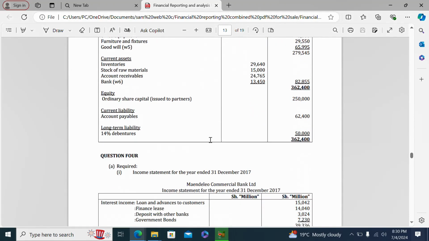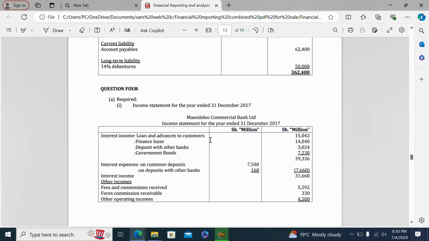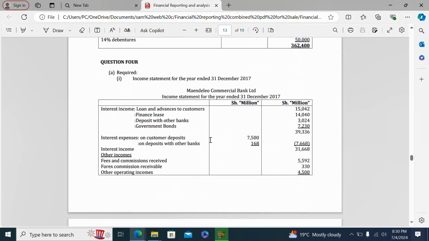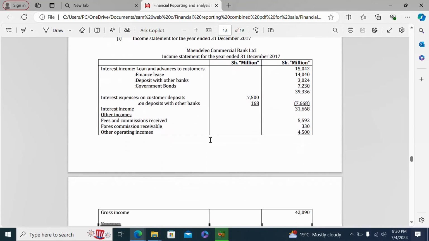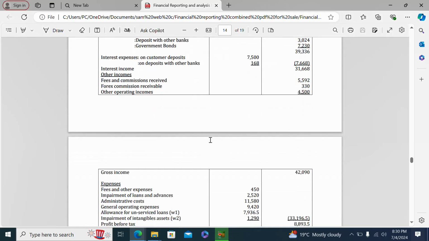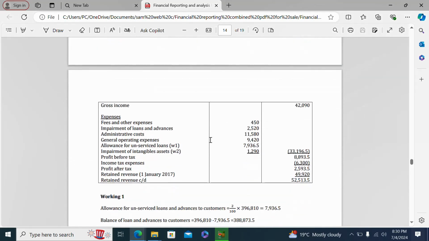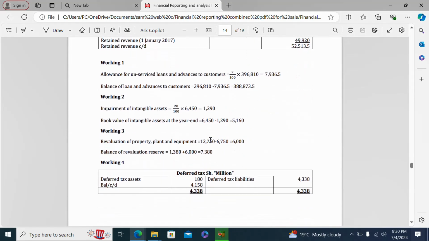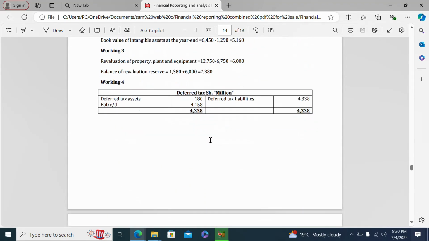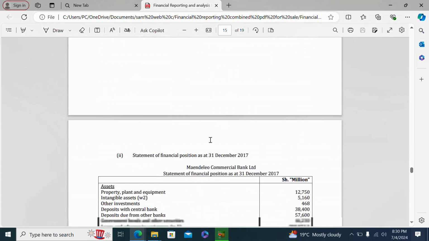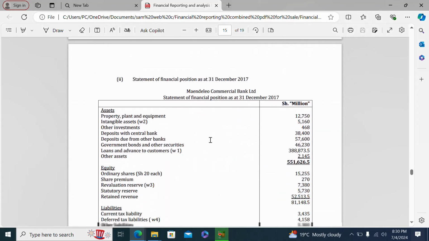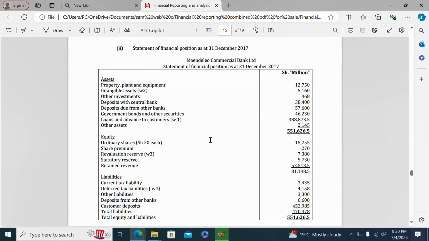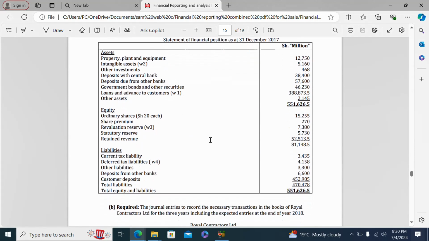Then we go to question 4. The income statement of Maendeleo Commercial Bank Limited. Then we have the workings for that income statement, and then we have the statement of financial position of Maendeleo Commercial Bank Limited.